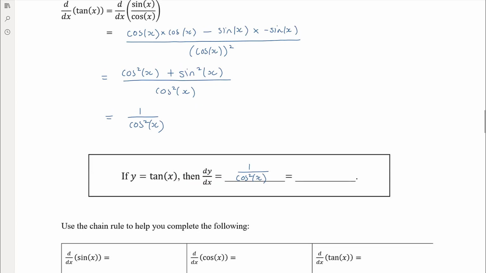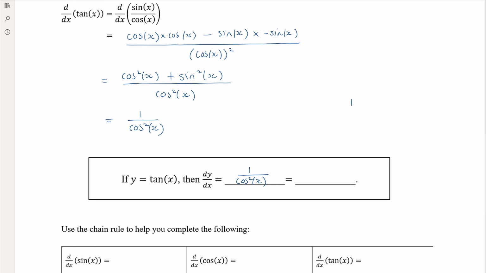Okay, and 1 over cos squared, or 1 on cos, is actually something called a different trig function called sec. So if we have 1 on cos squared, we have sec squared x. Now you don't need to know about sec. They are called the reciprocal trig functions. 1 on cos is sec, 1 on sine is cosec, and 1 on tan is cot.